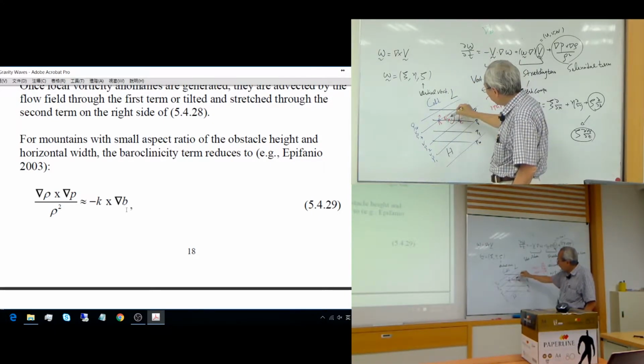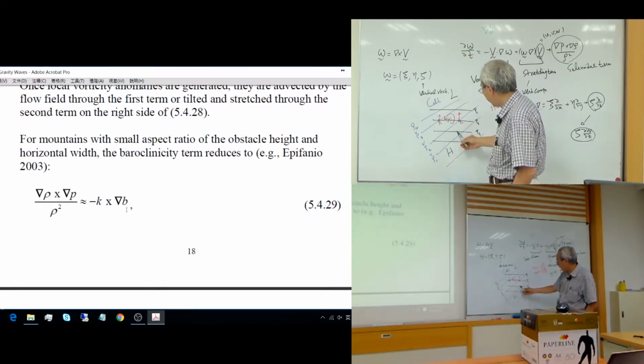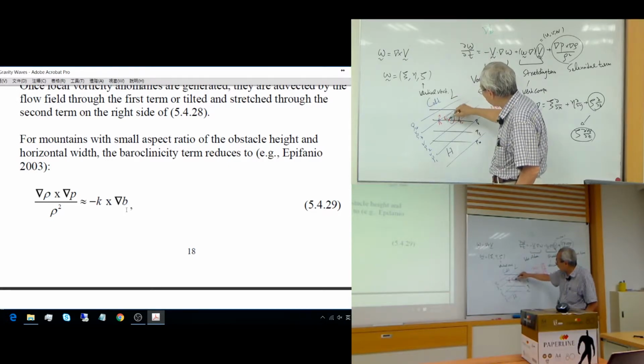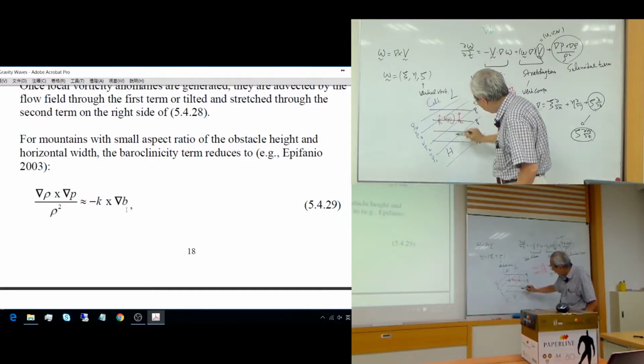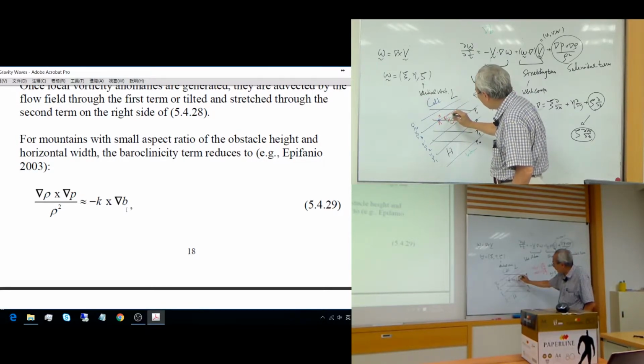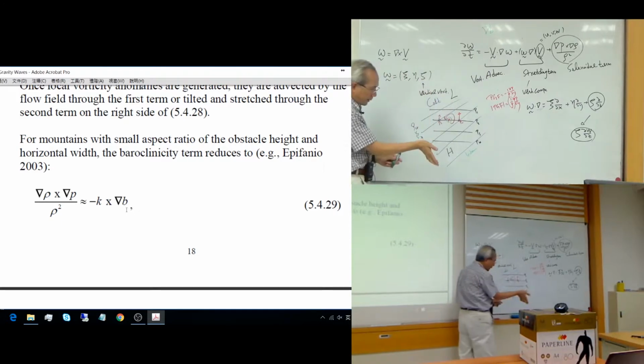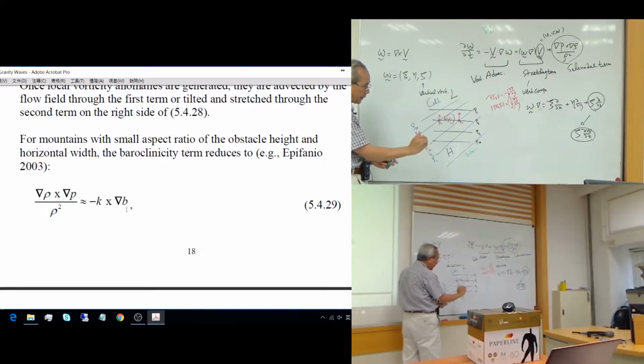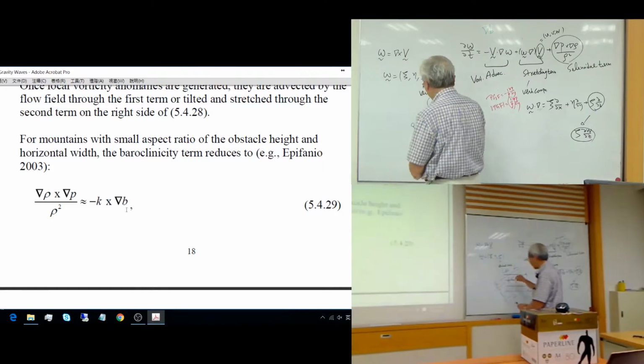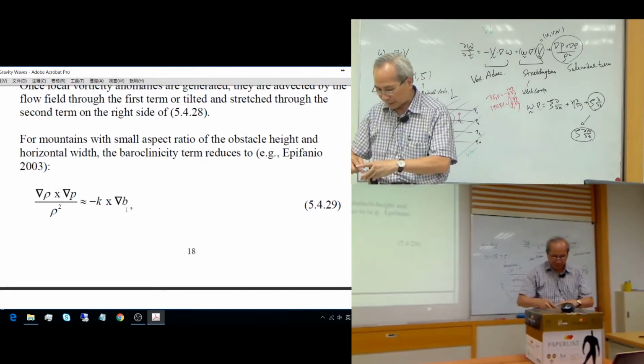The density gradient is in this direction, so the buoyancy force will be opposite to that, in this direction. Then k is out of the page, so k cross that, and then negative. That will give us circulation. So you can figure that out.